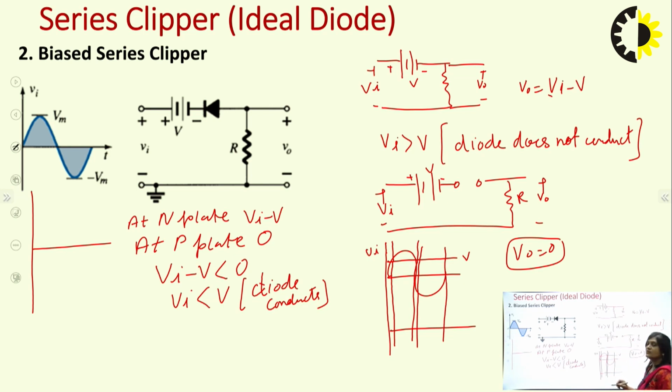Now we have to find the conducting region. The conducting region is Vi less than V. So this is our V, and Vi less than V is this part.